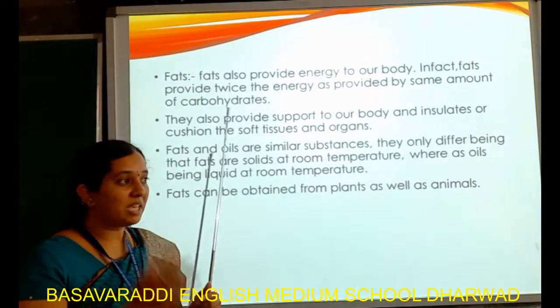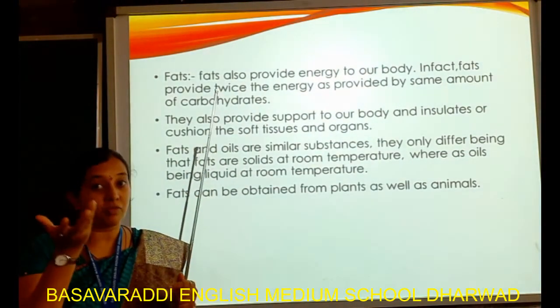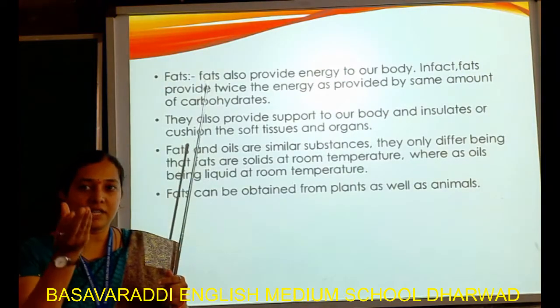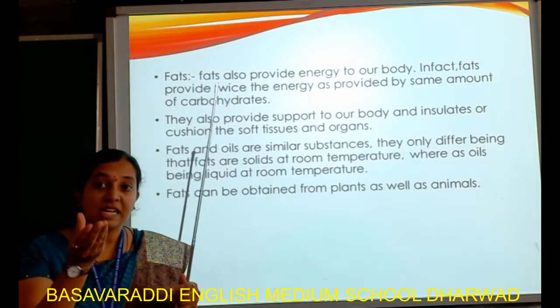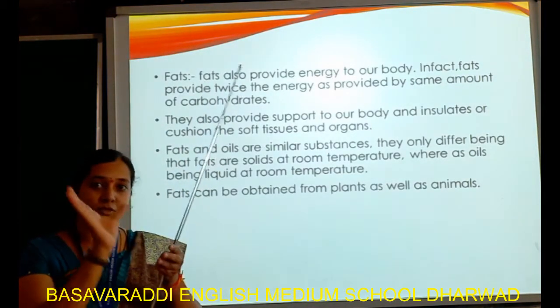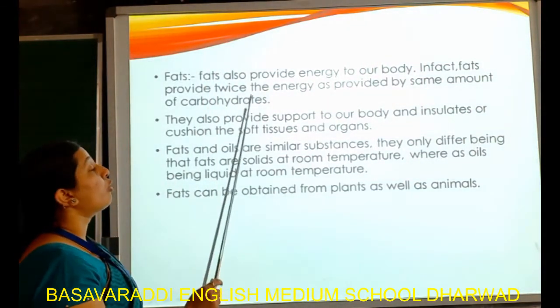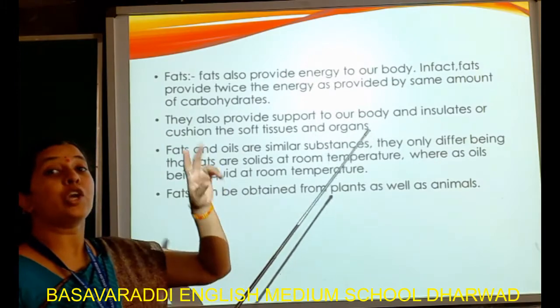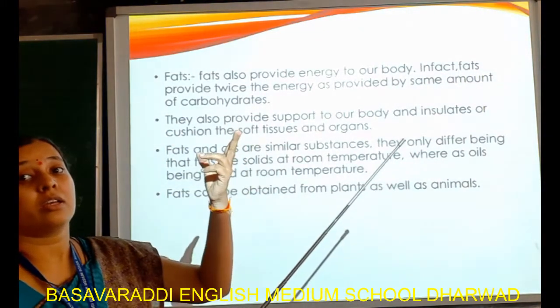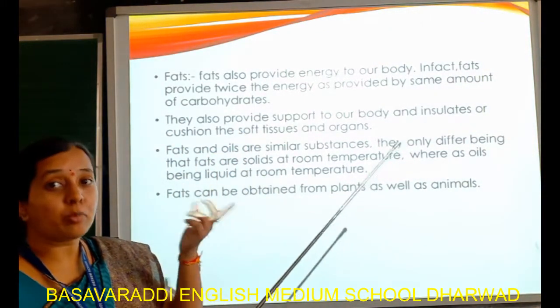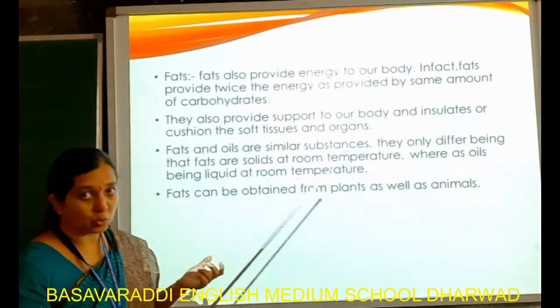So if you eat this much of fat, it is going to provide twice the energy of the same amount of carbohydrate.